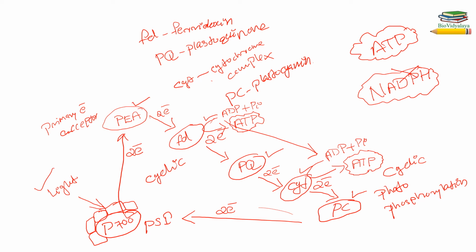But in non-cyclic photophosphorylation, both ATP and NADPH are produced. We know that for the dark reaction, both ATP and NADPH are required. That's why non-cyclic photophosphorylation is the predominant one, and cyclic photophosphorylation is less.